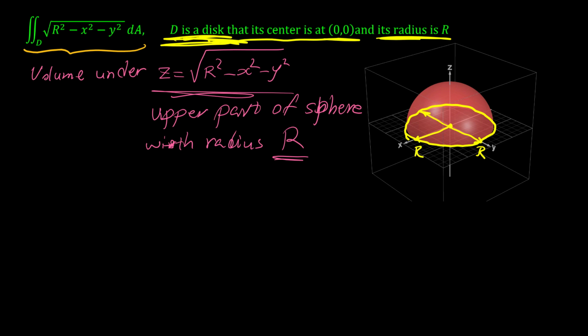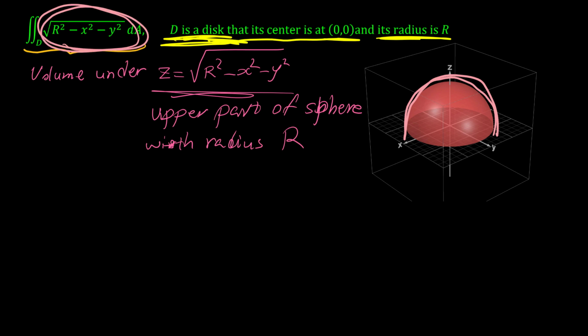So we want to find all the volume that lies below this sphere, or half of a sphere, over all of these regions. So we want to find the complete volume under the sphere.